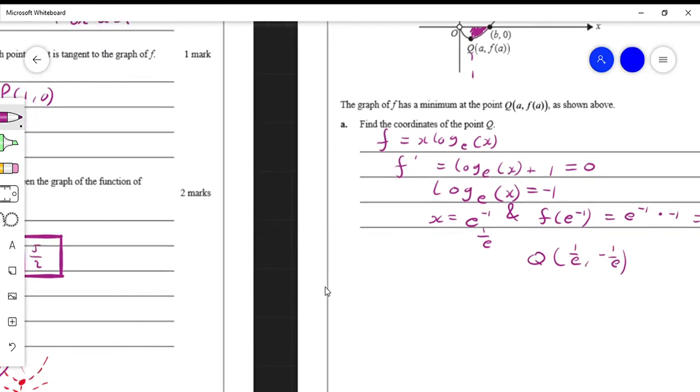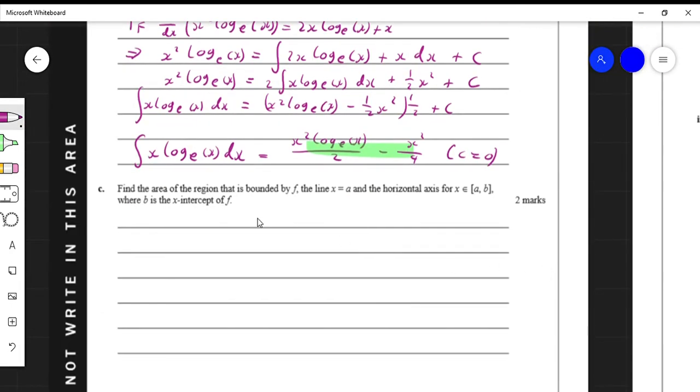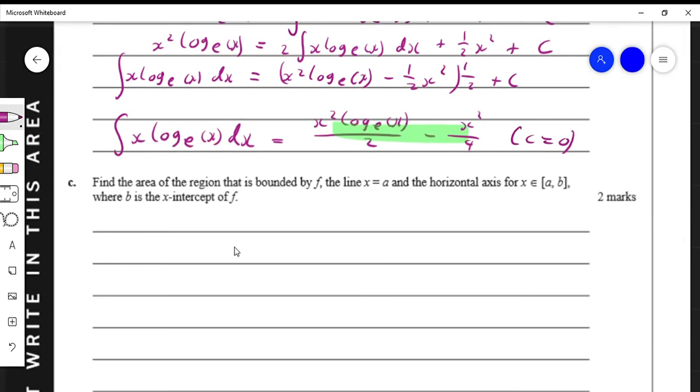Cool. Okay, so we have that. Let's go back to the question and just keep that in mind. So this means that x is between 1 on e and 1, and the area was below the x-axis, so it was negative. So to get a positive area, you want to put a negative sign out the front here to give us the actual magnitude of the area.